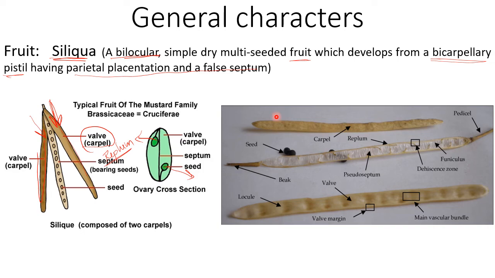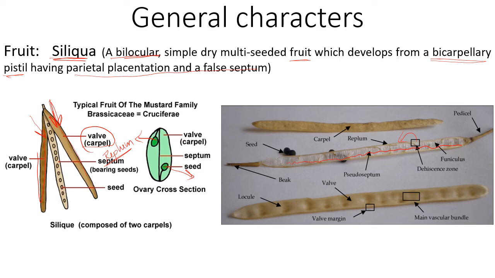And here, in a clear-cut view, this is the valve of one side, this is the valve of another side, and this is the middle part which is attached to the pedicel. This part is called the false septum or replum, and on this side the seeds remain attached, and on the other, back side also, seeds are attached.